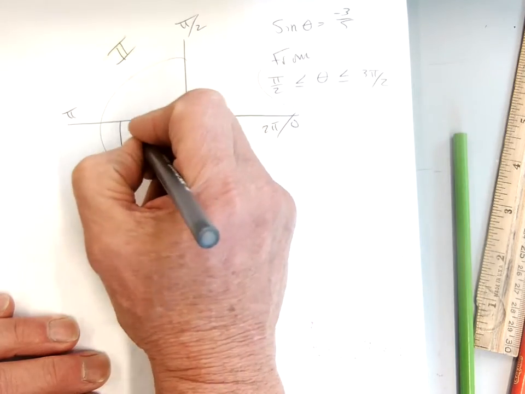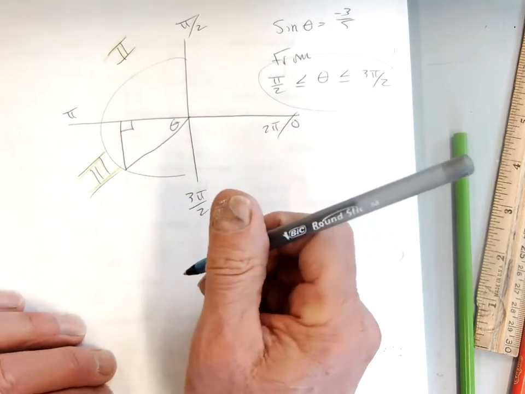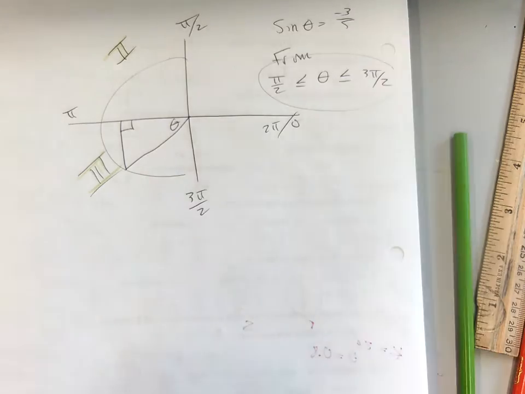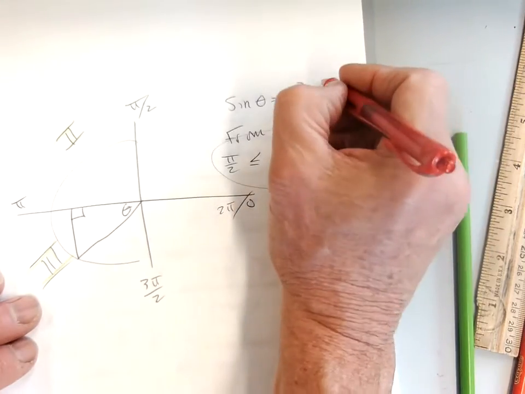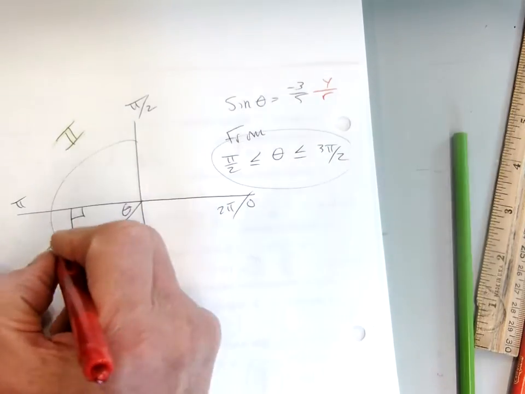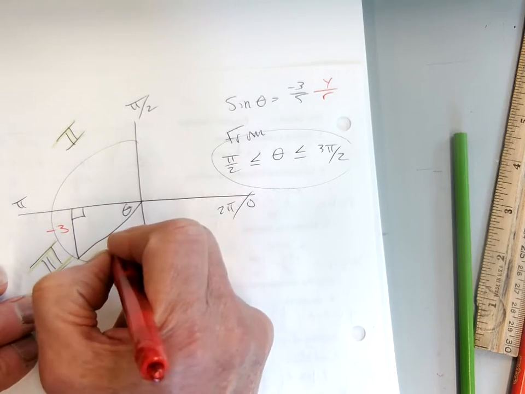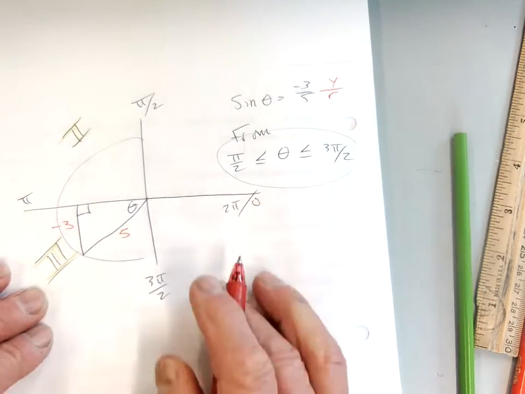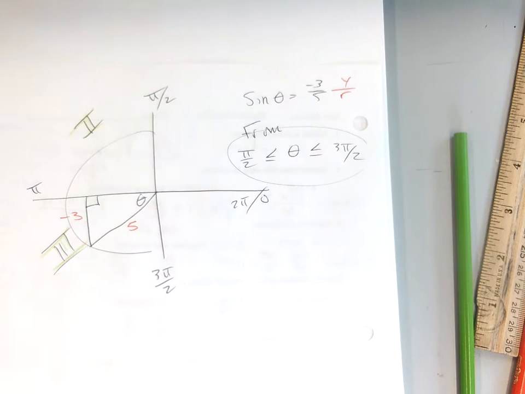Here's my theta. What I know is that my y value is -3 and my radius is 5. The x value, 3, 4, 5 triangle, right? You guys agree, 3, 4, 5, or I could just use Pythagoras theorem. Anybody want me to use Pythagoras theorem? Sure, why not?